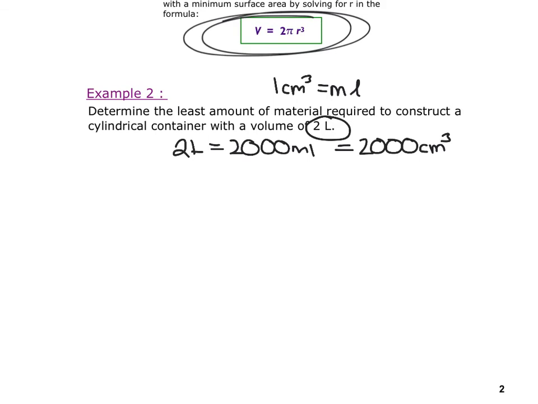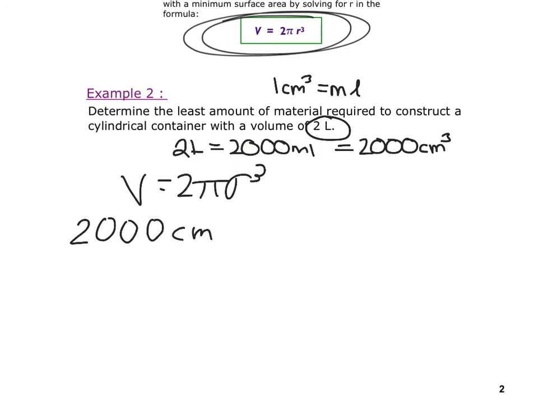Basically, the volume here equals 2 pi r cubed. You can convert it to milliliters and then centimeters cubed right off the bat. So 2,000 centimeters cubed equals 2 pi r cubed.